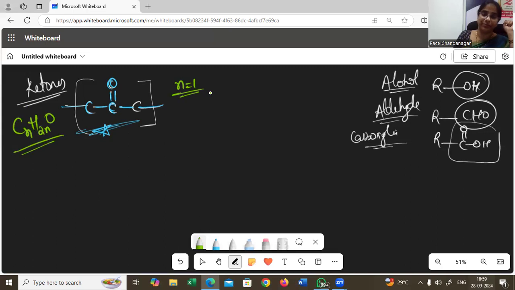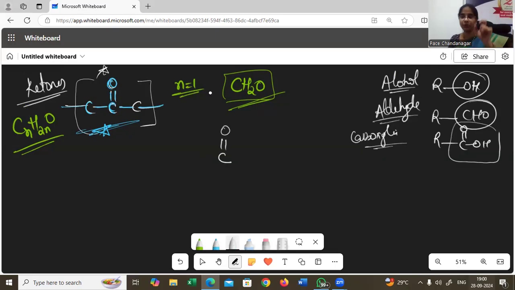So n equals 1, if I take, it is one carbon, H2 and O, CH2O. Let us check. Double bond O, carbon I have given. A ketone always starts with this double bond O, gives it a carbon, right side one carbon, left side one carbon, both sides one carbon each. So that's your main tag.